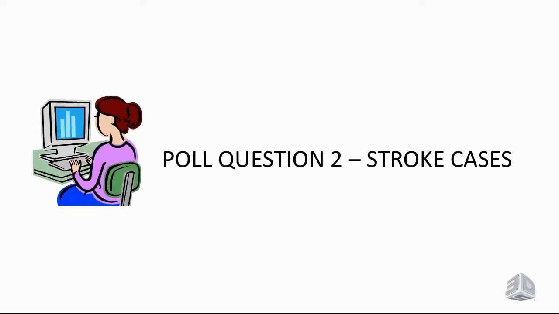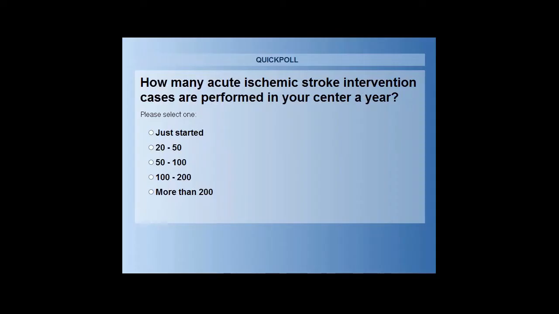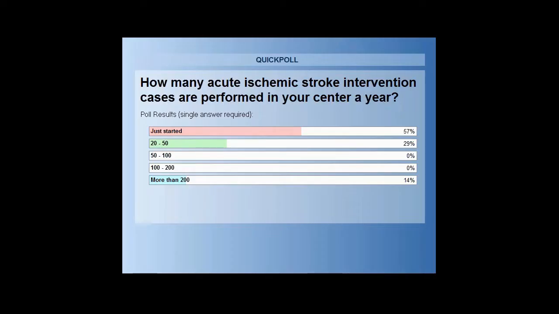So, second question. The kind of stroke cases that are currently being seen and treated by the audience, could you indicate what your current level of experience or volume is at your institution? Okay, good.